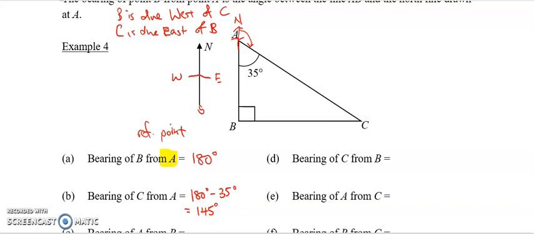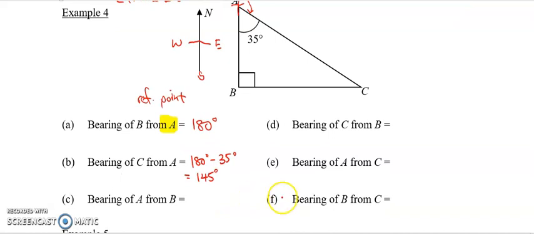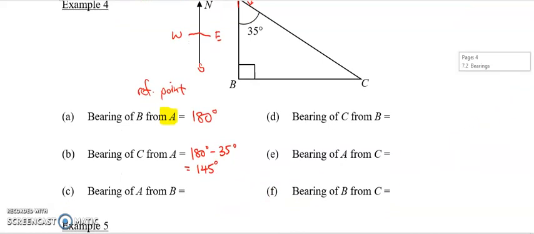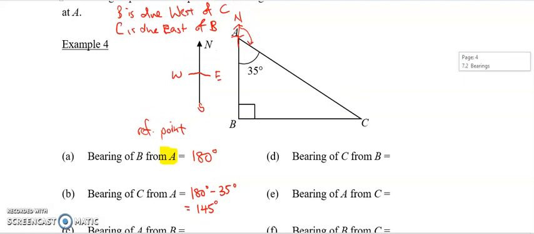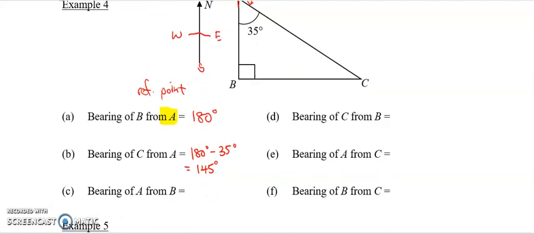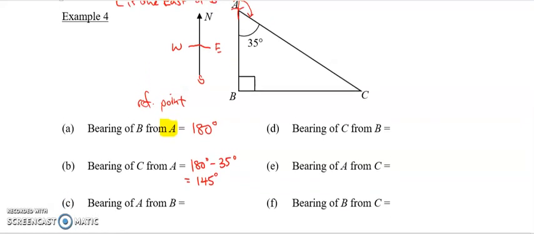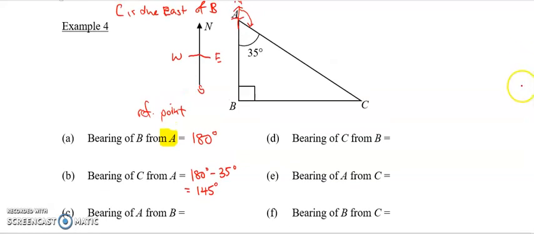Next, in part C, we realize that our reference point has changed. They have changed it to the bearing of A from B. So now we put our north arrow at B and take the bearing of A from B. In this case, A is exactly to the north.